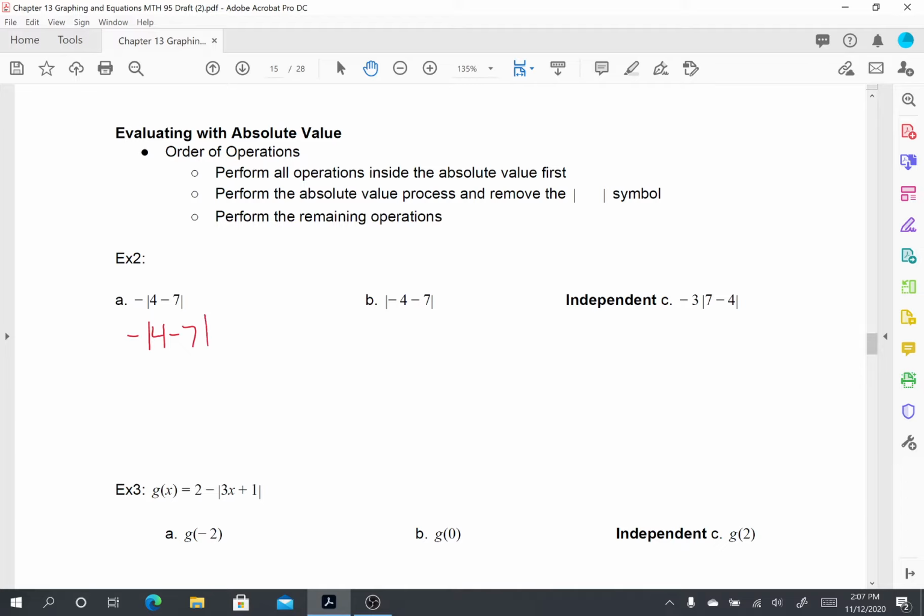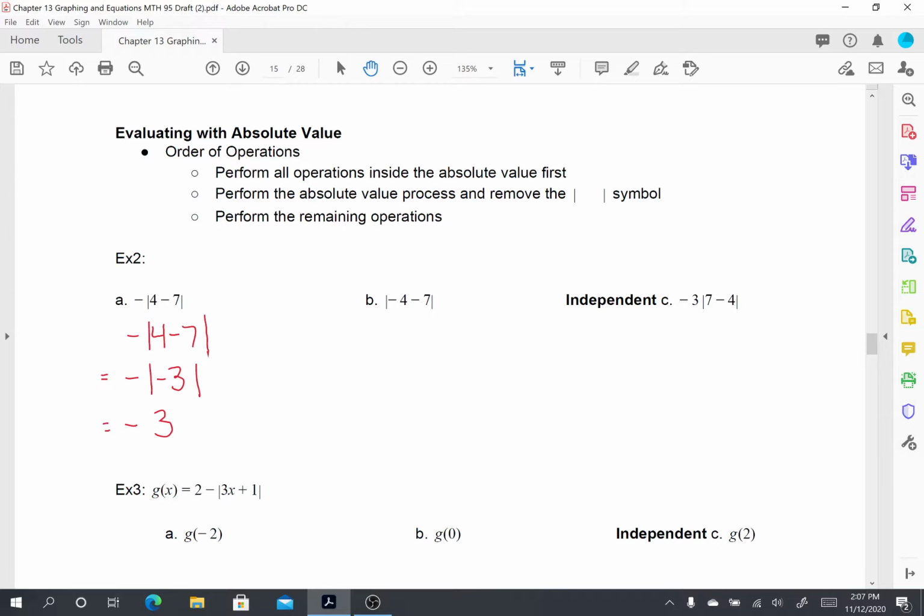So we will perform the operations inside first. 4 minus 7 is negative 3. And then we will figure out what is the absolute value of negative 3. 3 away from 0. And the final answer is 3.